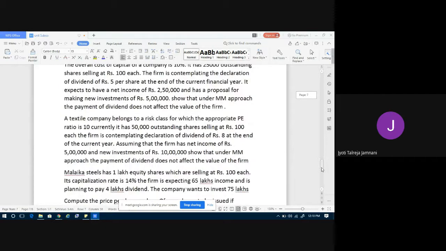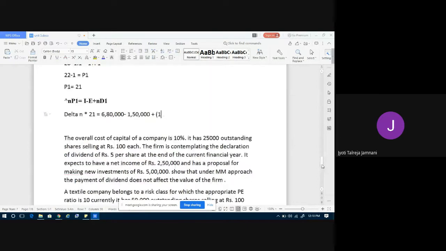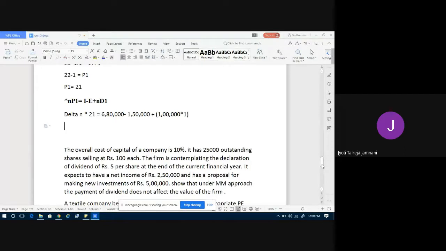So 1 lakh into 1 rupee. So when we solve this, we get delta n into 21 is equal to 6 lakh 80,000. 1 lakh into 1 is 1 lakh first. So minus 1 lakh 50 plus 1 lakh is minus 50.